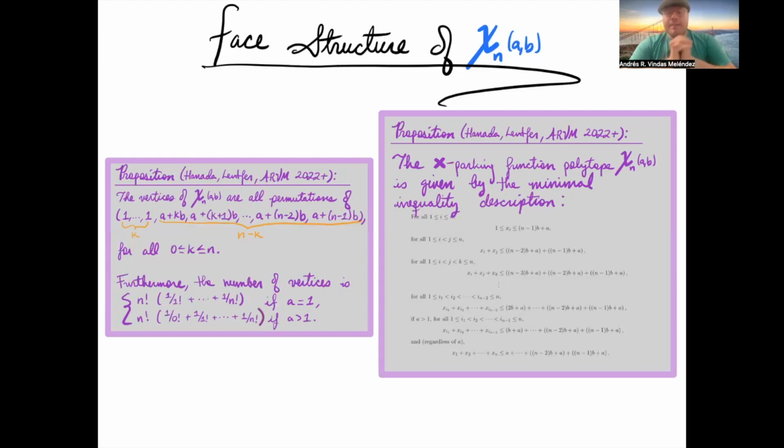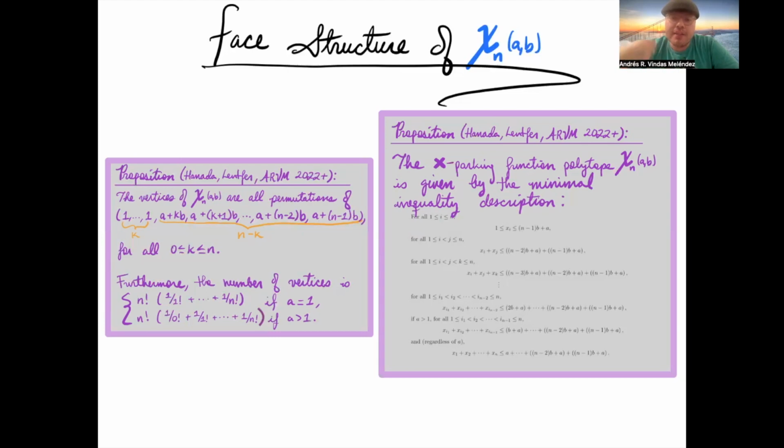Like I mentioned in the beginning, when thinking about polytopes, we think about the vertex description or the convex hull description, and then we can also think about the inequality description, that's the bounded set of these inequalities. So here we present a list of inequalities that the x parking function polytope satisfies.